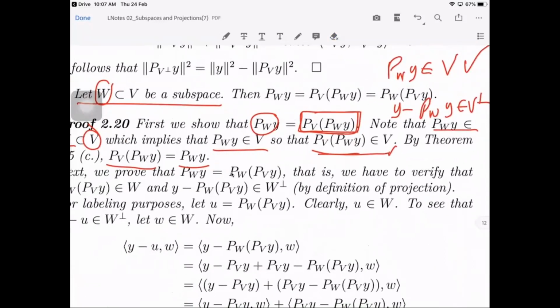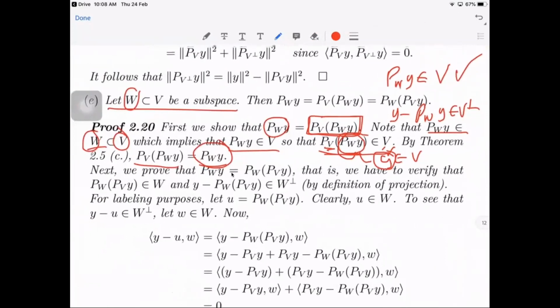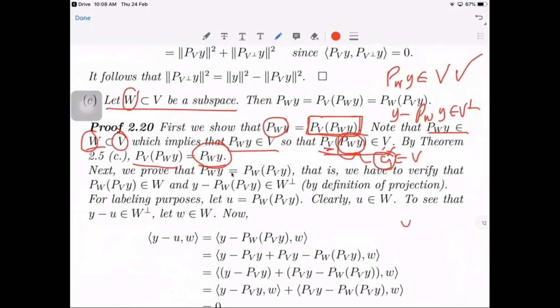If y is in V, then the projection of y onto V is actually y itself. So what we show is that this vector is in V, which means y is in V. So the projection of y onto V is equal to y.